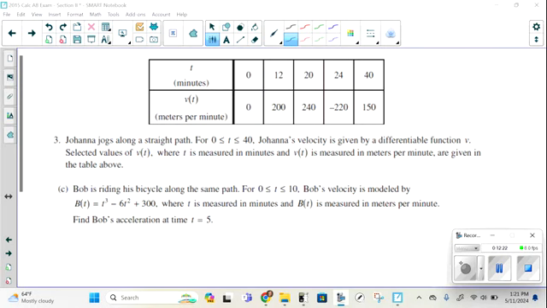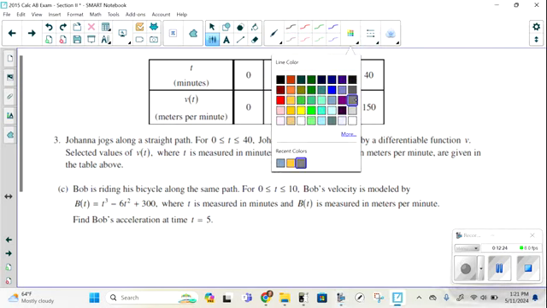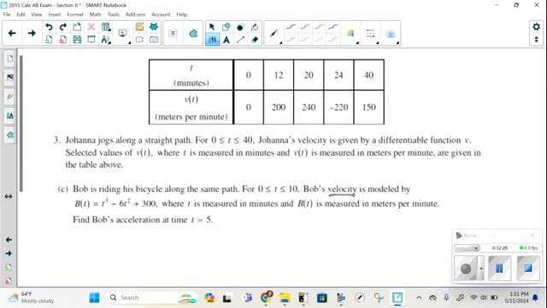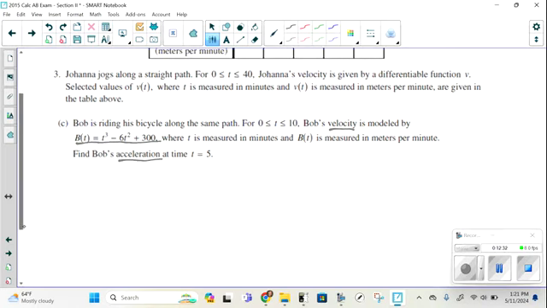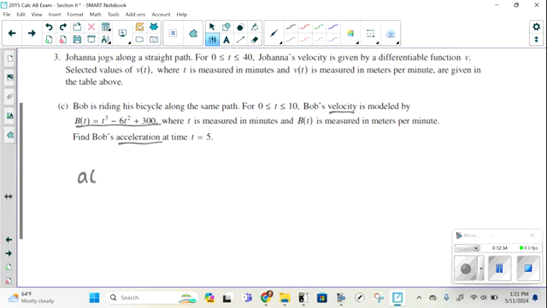Guys, I mean, come on. If I know velocity, acceleration is just the derivative of velocity. So acceleration equals the derivative of Bob's velocity, which is the derivative of t cubed, 3t squared, minus the derivative of 6t squared, that's just 12t, plus the derivative of 300 is 0.